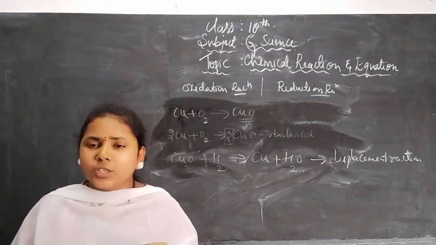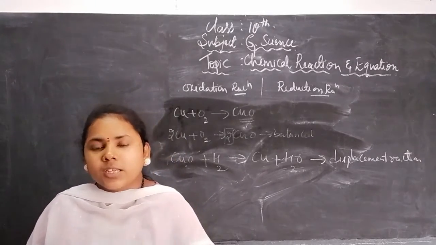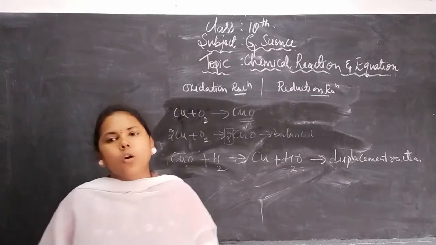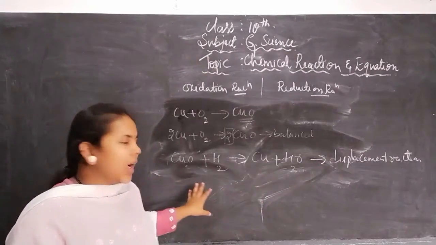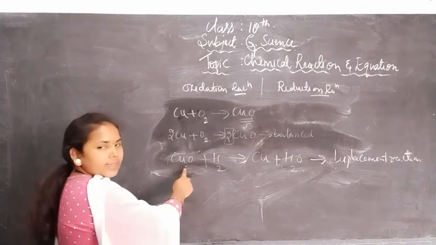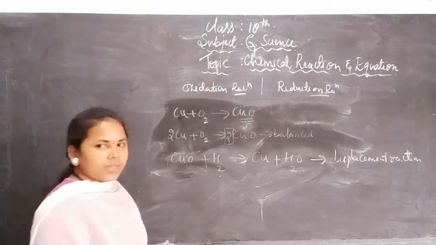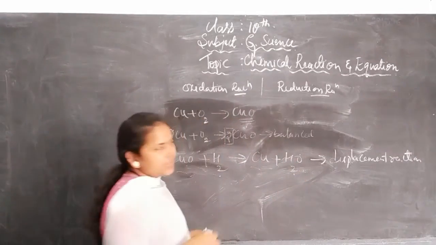I told you oxidation is nothing but the addition of oxygen or removal of hydrogen, right? Reduction is the addition of hydrogen and the removal of oxygen. Can you find out where the oxygen is going to be added? Just observe here: copper oxide and hydrogen are in the reactants. Now in the product, copper is present and water is formed, right?